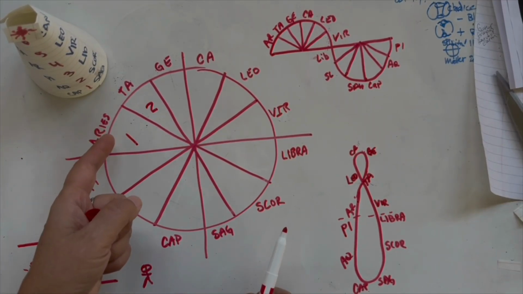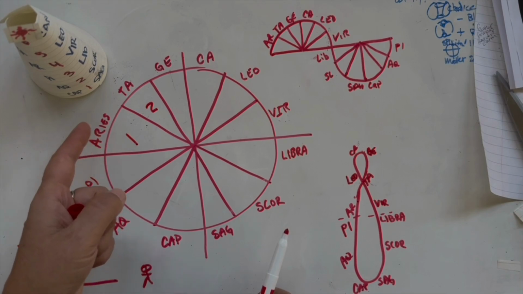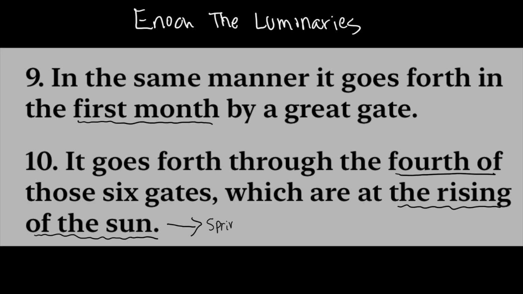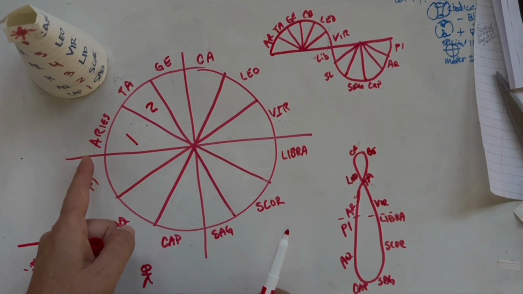That's also explained in Exodus 12, and in Enoch as gate 4. So this is when the sun is right over top the equator.